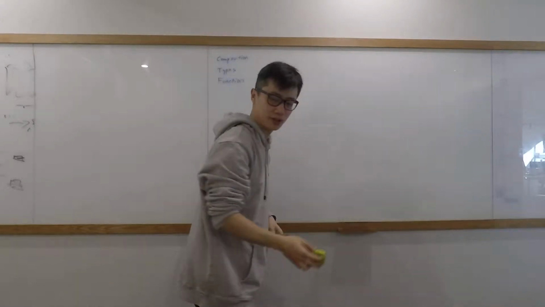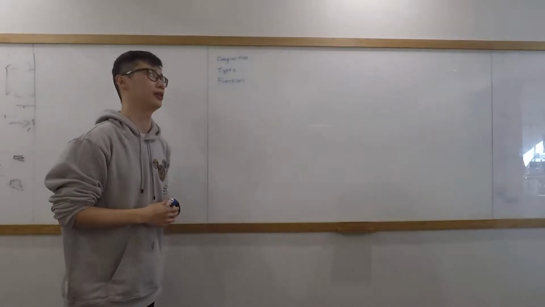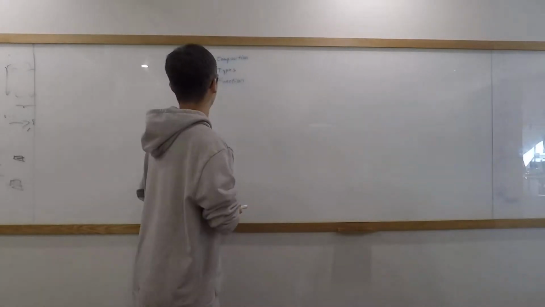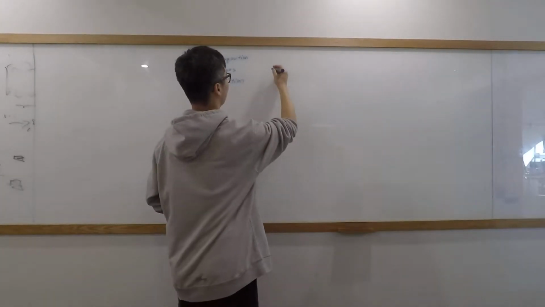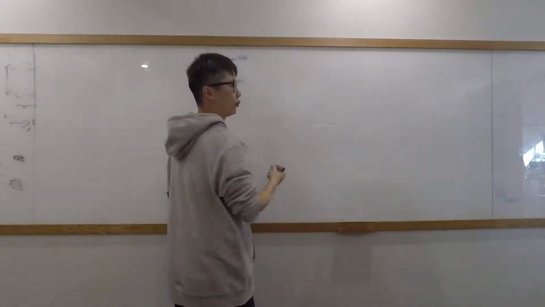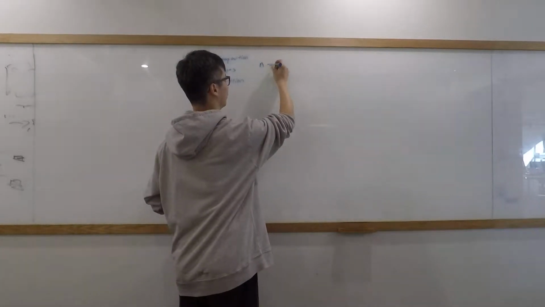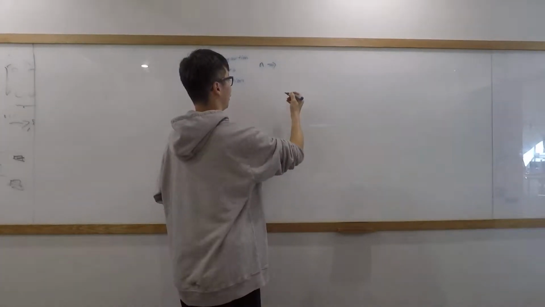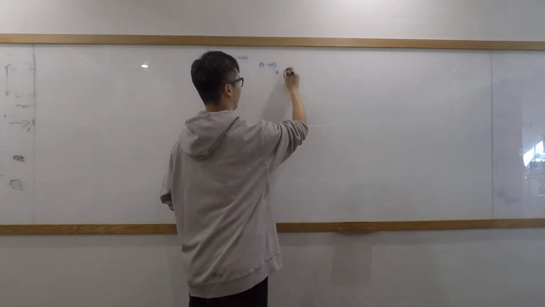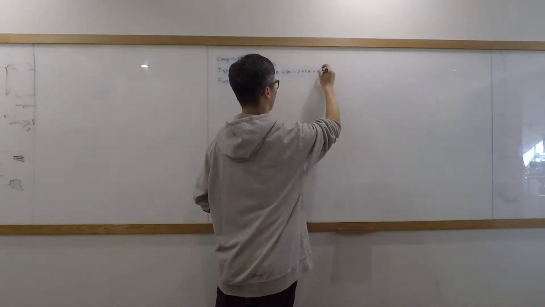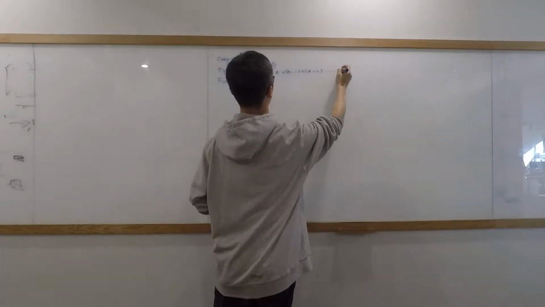Let me give you another example. Factorial. So let's say we want a function that takes n, I'm going to write it in JavaScript, and gives me n times down to 1.